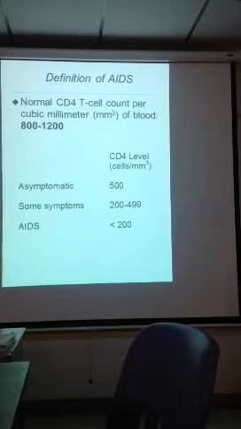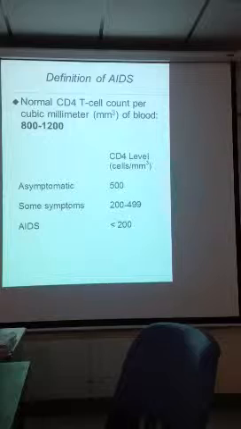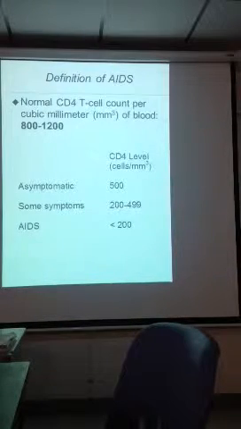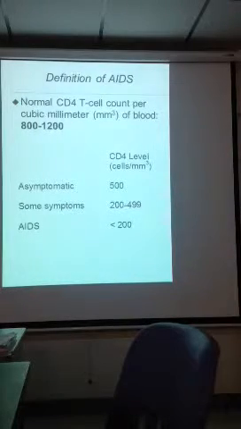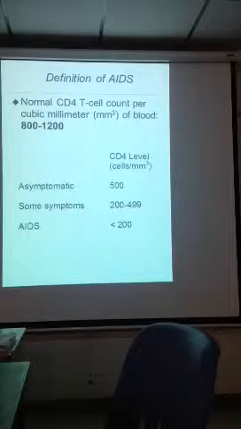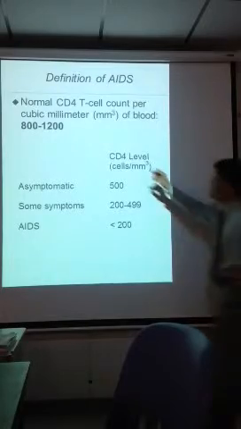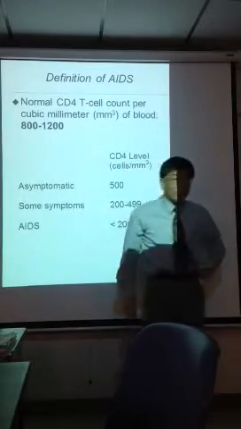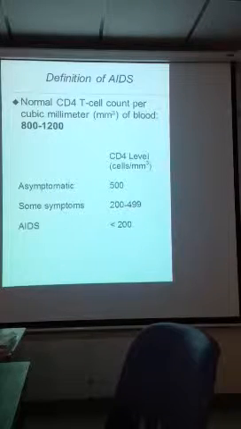All right, so let me give you a definition of AIDS. This is a clinical definition. It's one that you can test in the laboratory, and this relates to the CD4 T cell count. Okay, so again, CD4 T cells. What kind of cells are we looking at? Helper, right? So remember from the last unit, CD4 is found on helper T cells. So we're using that as a marker.